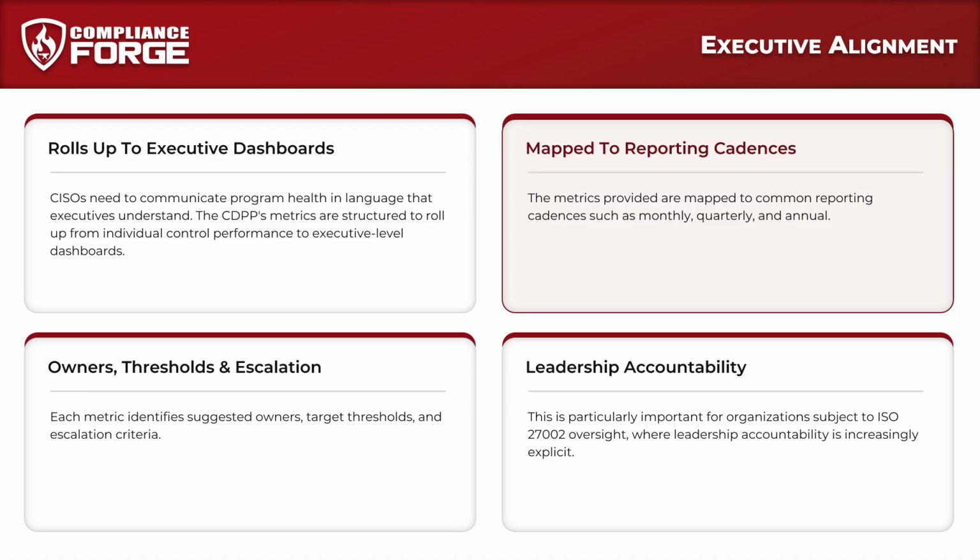The metrics are mapped to common reporting cadences such as monthly, quarterly, and annual. And each one identifies suggested owners, target thresholds, and escalation criteria. This is particularly important for organizations subject to ISO 27002 oversight, where leadership accountability is increasingly explicit.